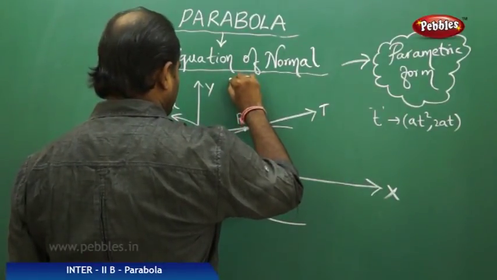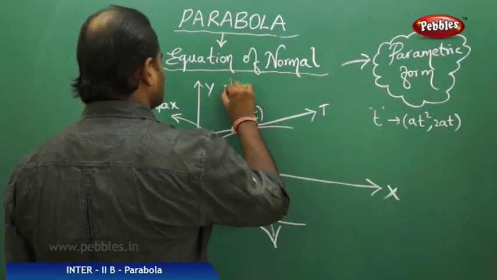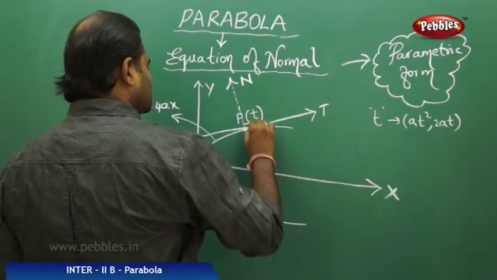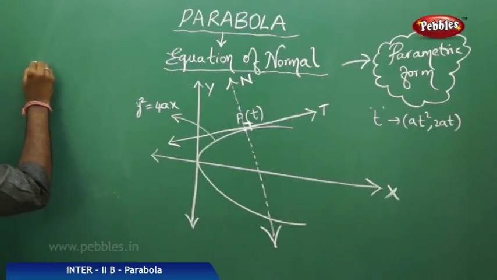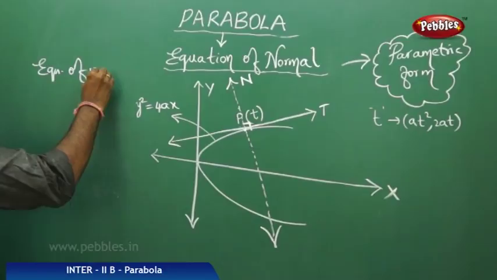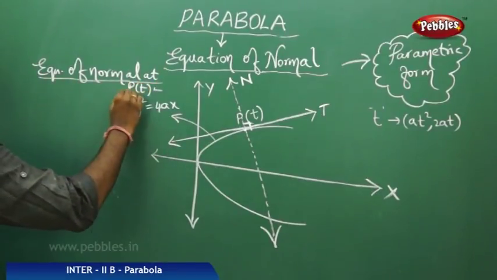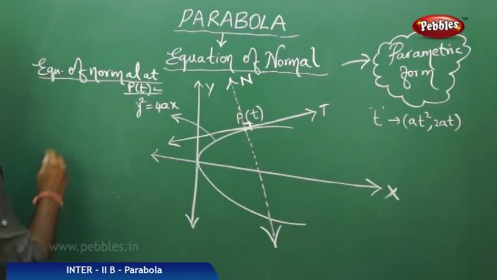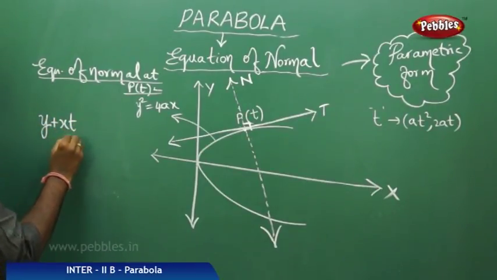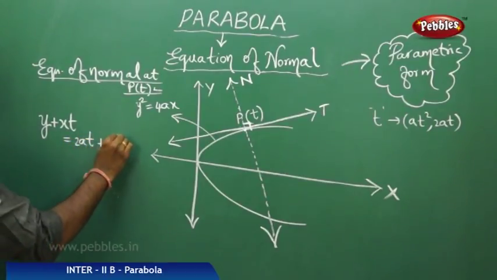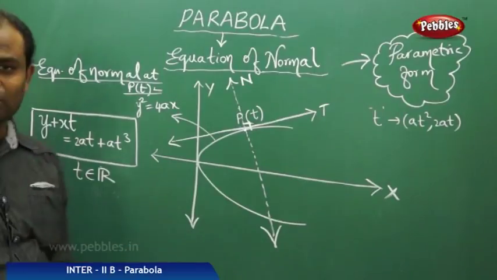So if I have a normal passing through P, which is perpendicular to the tangent, then the equation of the normal at the point P is given by the formula: equation of normal at P of t, that is passing through P of t and perpendicular to the tangent, is given by y plus xt equals 2at plus at cube, where t belongs to real numbers.